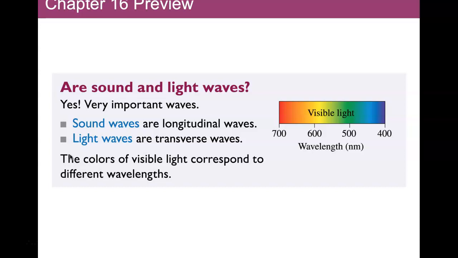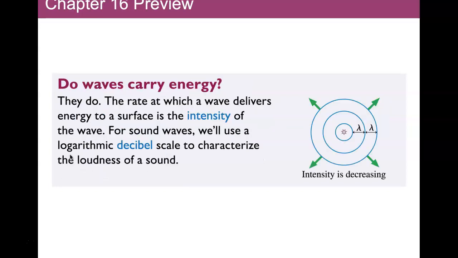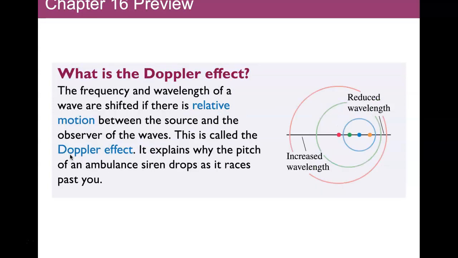We gain some intuition about the color of light, how it corresponds to different wavelengths or frequencies, and the pitch of sound again depends on frequency. We talk about energy transfer by waves, how they carry energy, and we talk about the Doppler effect.